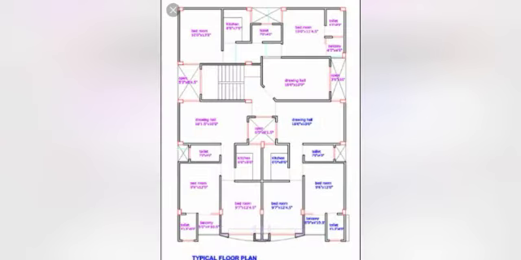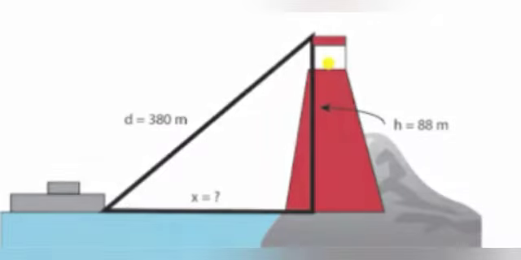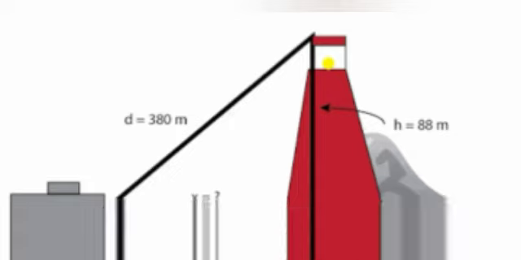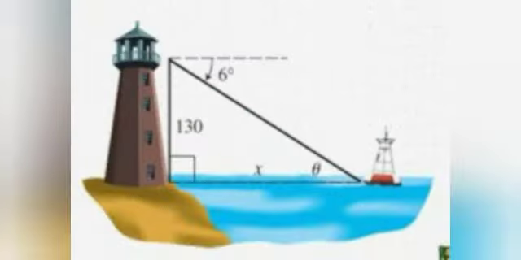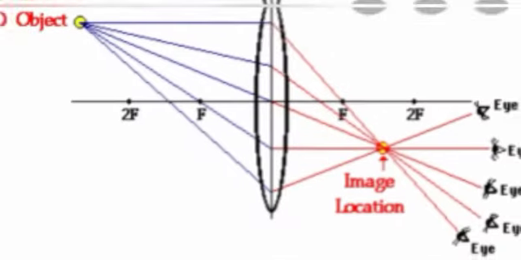Whenever an architect has to draw a plan for a multi-storied building, she has to draw intersecting lines and parallel lines at different angles. To find the height of a tower or to find the distance of a ship from the lighthouse, one needs to know the angle formed between the horizontal and the line of sight.